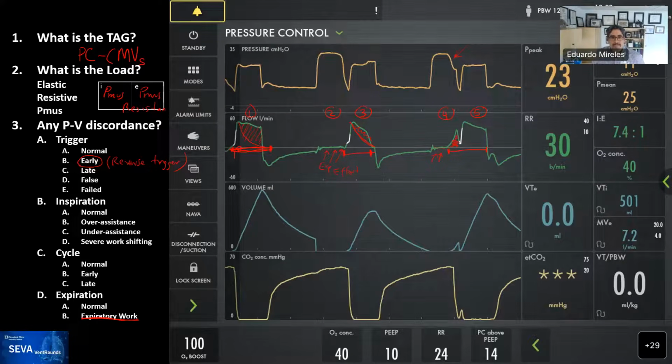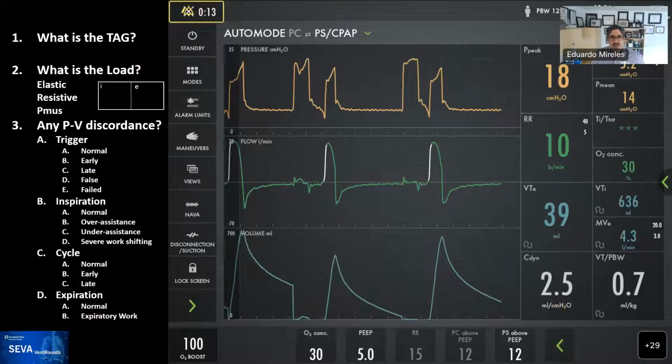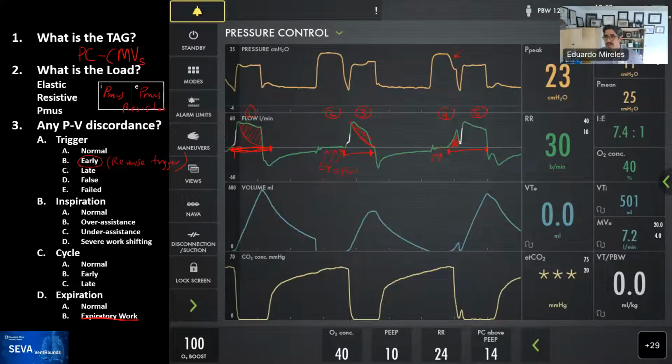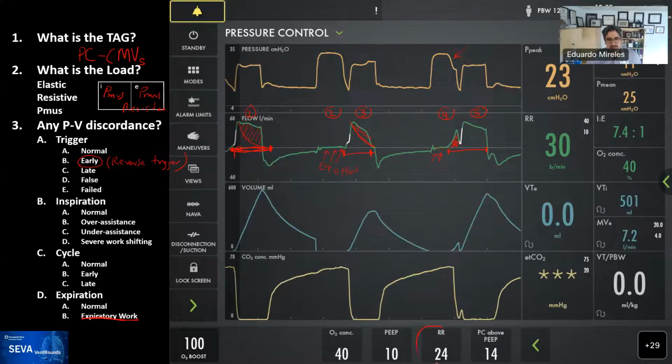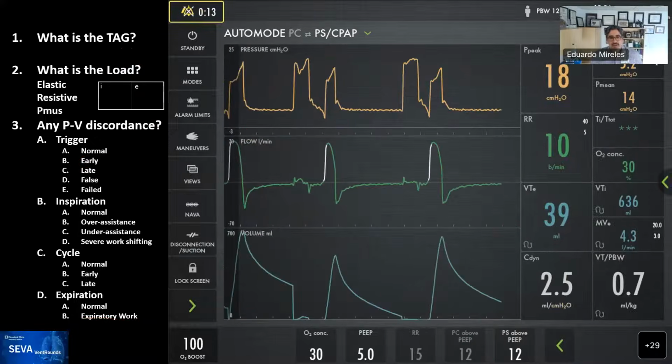So let's see. Actually, Ariel, you took care of this patient, right? So I will show the next slide that shows what they did for this patient. And I will point out that what you guys said is right. The rate was set at 24, and now the rate was dropped to 15.